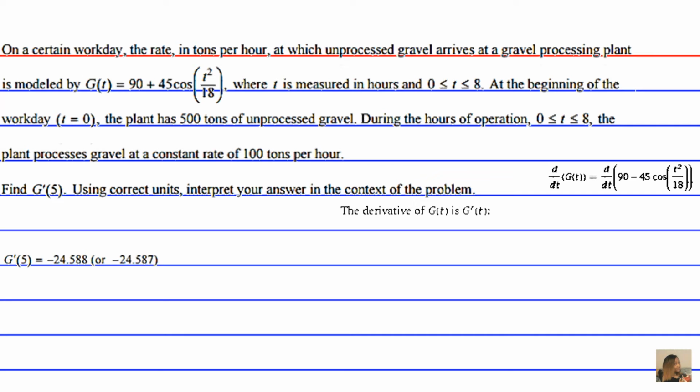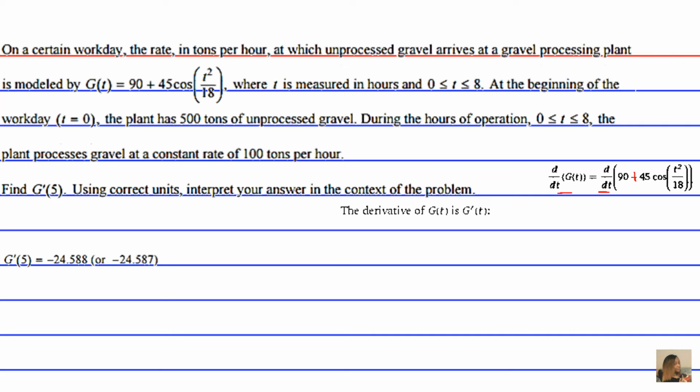All right, so you do d dt, you differentiate g of t with respect to t, and if you do that on the left-hand side, you also have to do it on the right-hand side. So d dt of 90 plus 45 times the cosine of t squared over 18. This should definitely be a plus.